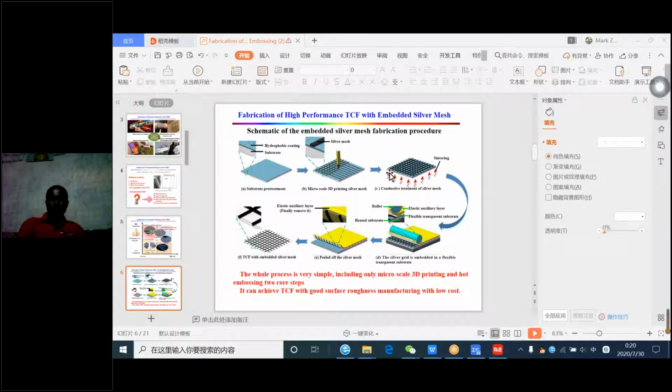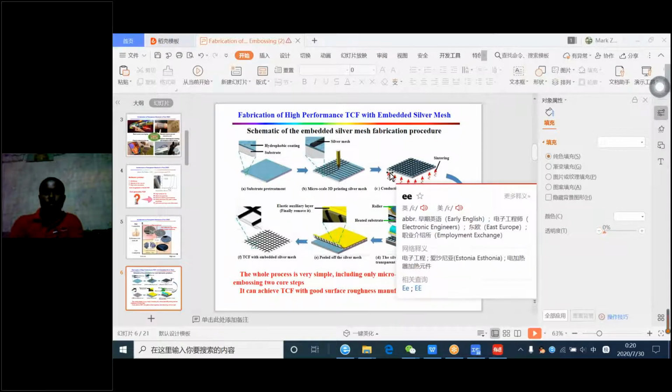Then the silver meshes are embedded into the flexible substrates. The whole process is very simple, including only two core steps: micro-scale 3D printing and hot embossing. It can achieve TCF with a good surface roughness, manufactured at a low cost.